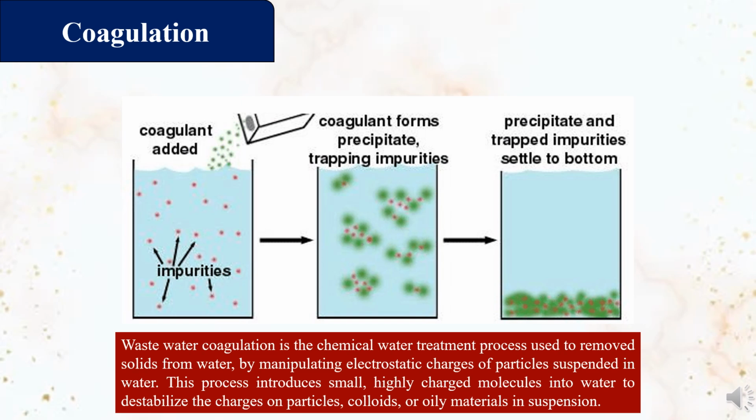The objective of coagulation is to unite several colloidal particles together to form bigger sized settable blocks which may settle down in the tank. And it is the process of adding chemicals to water to make dissolved and suspended particles bind together and form larger particles that settle out of the water.